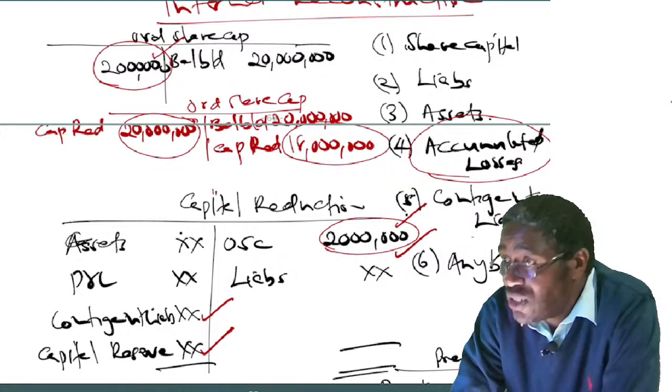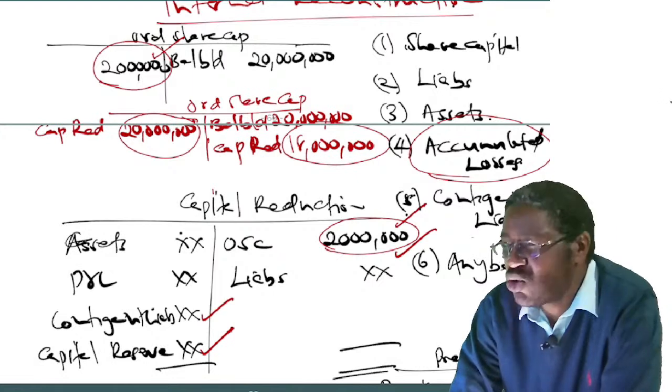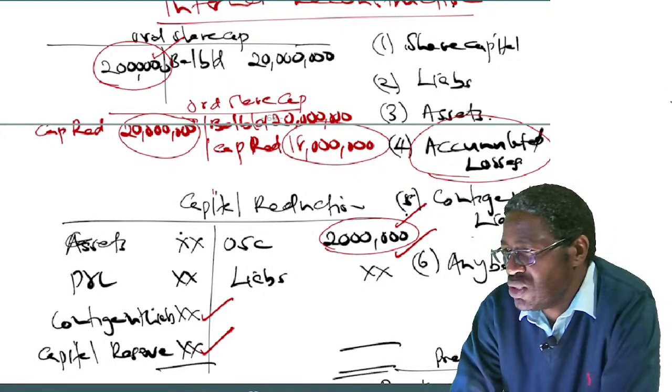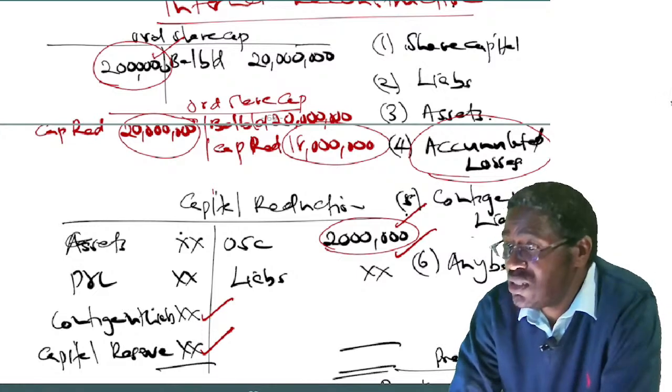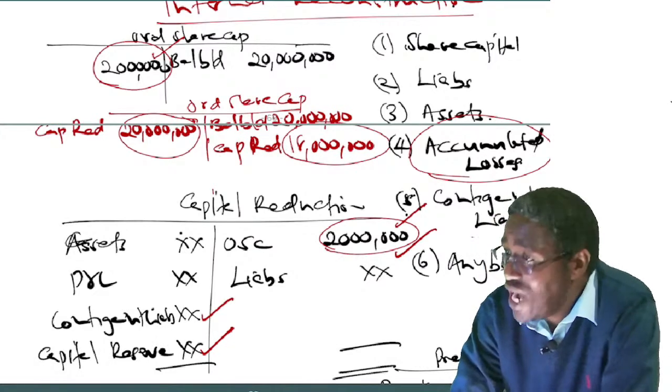We called the debenture holders, and they said they are willing to write off 4 million from their capital. So we had to debit share capital, and we had to credit capital reduction.